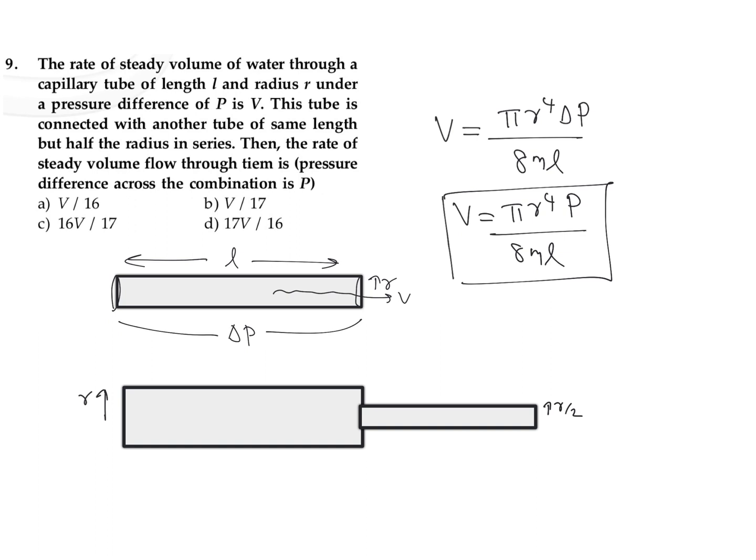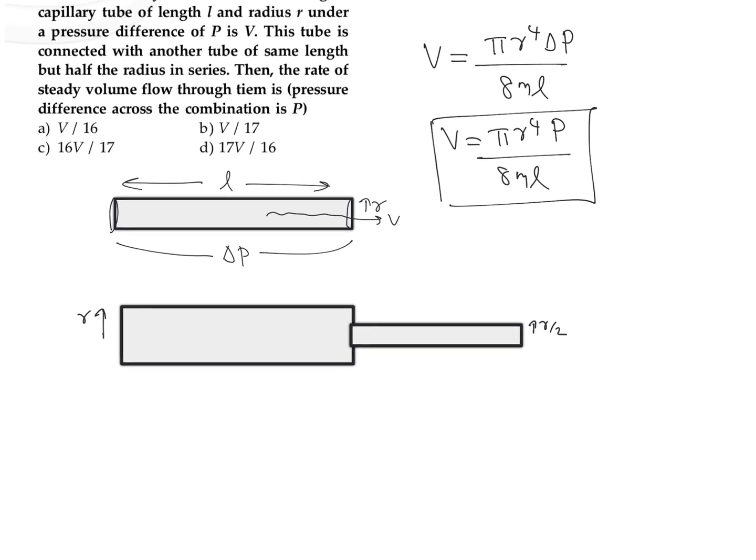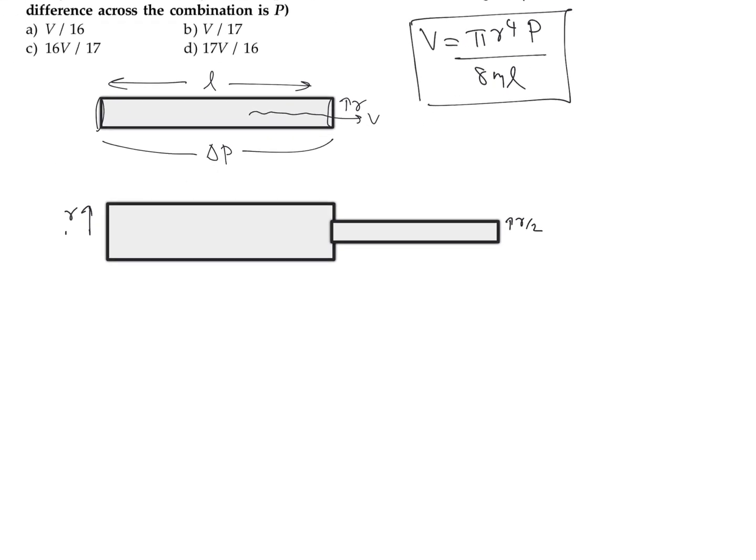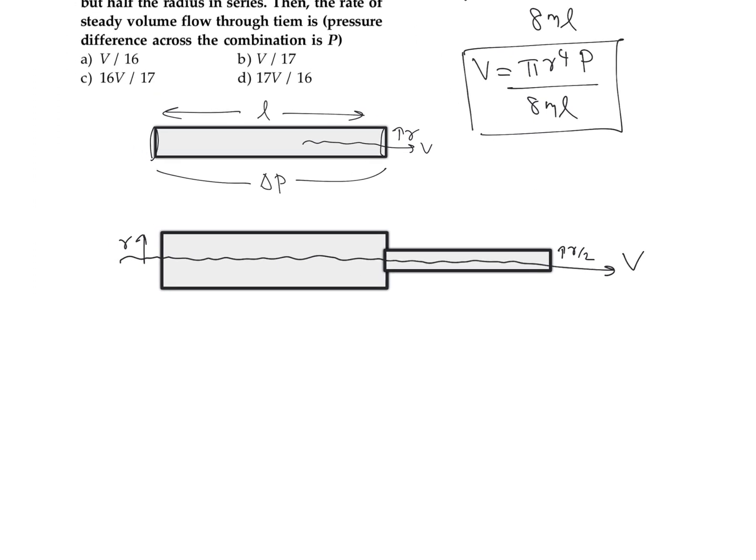Our aim is to find the rate of flow of liquid through this arrangement, assuming we maintain the same pressure difference P across the ends of the tubes, same as in the previous case.